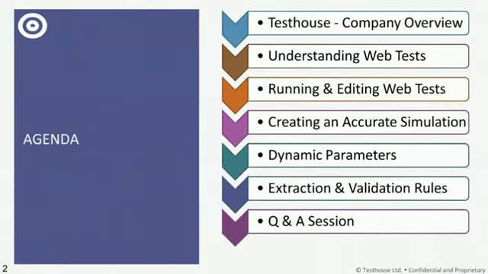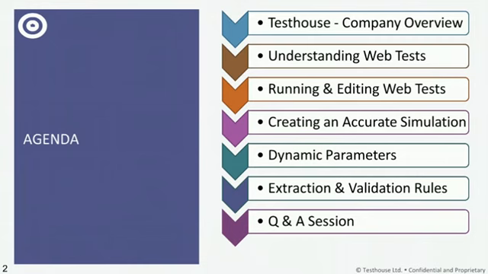So just a quick look at the agenda. We're going to have a quick look at Test House, what we do and what we stand for. Then an introduction to web tests, what they can do for you, how to create, run and edit a web test at quite a fundamental level for this session, how to create a more accurate simulation to try and mimic how users behave on a real system.